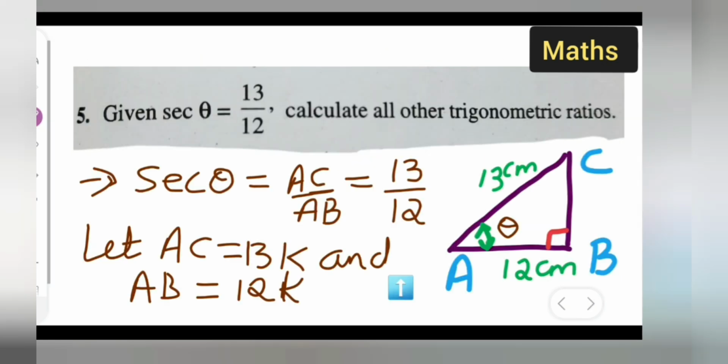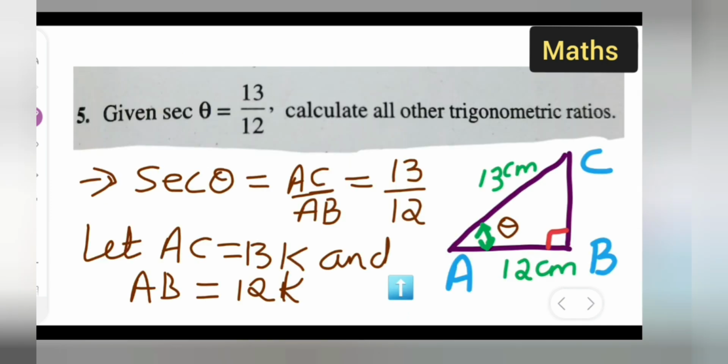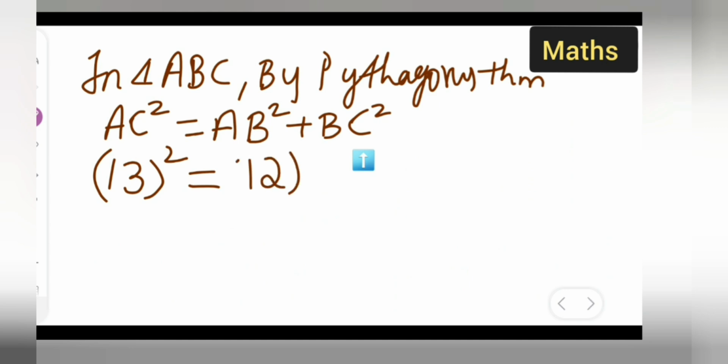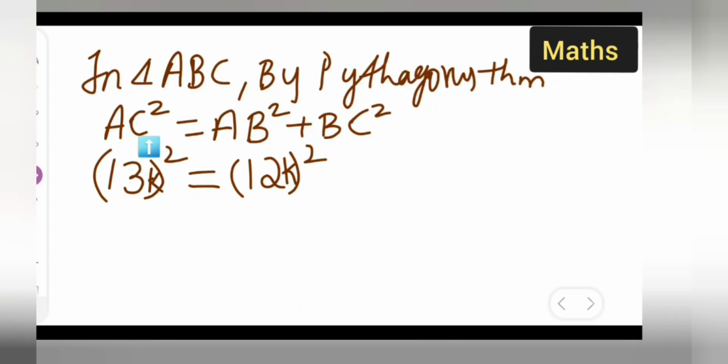So just write down what is your AC over here, 13. So I can write down 13 square is equal to, now AB is given to be 12, 12 square. Okay, you all have to write 12k over here and this will be 13k. Write down 13k because we have replaced this AC by 13k and AB by 12k.